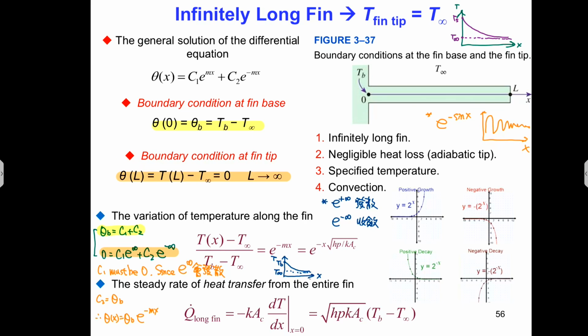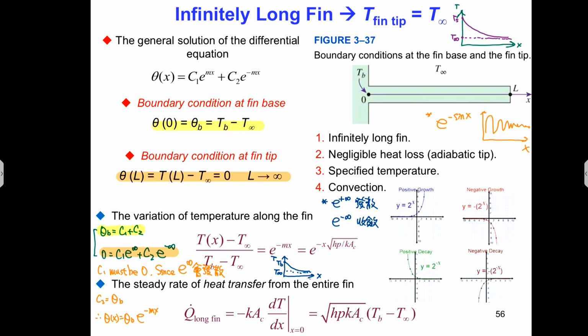So we start with the boundary conditions. We just mentioned at the tip, theta L will equal the environment temperature, and also at the base it equals the base temperature. With these two boundary conditions, we start to solve our equation.